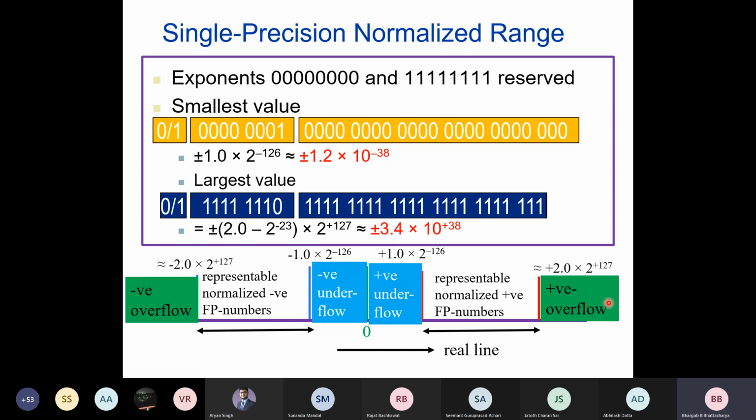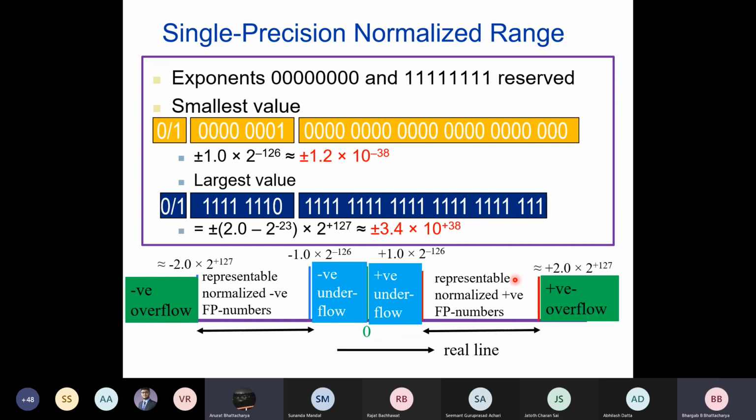What does the machine do? Do you have any representation in floating point here, or does the machine just halt, giving an interrupt? Return that NaN? Hmm? Return a special value, not a number, NaN.